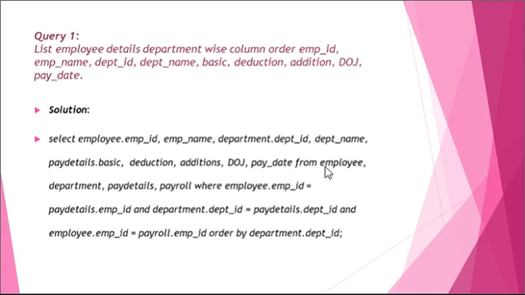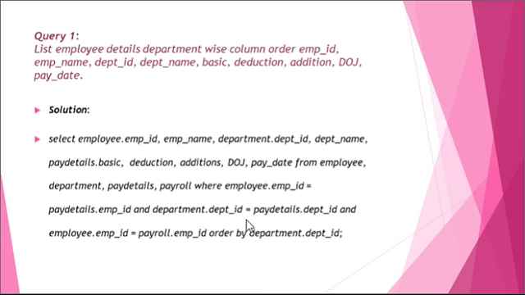Here, the tables I have to fetch from are: from employee, department, pay detail and payroll tables. Now we have to specify the constraints, how these tables will be joined together.